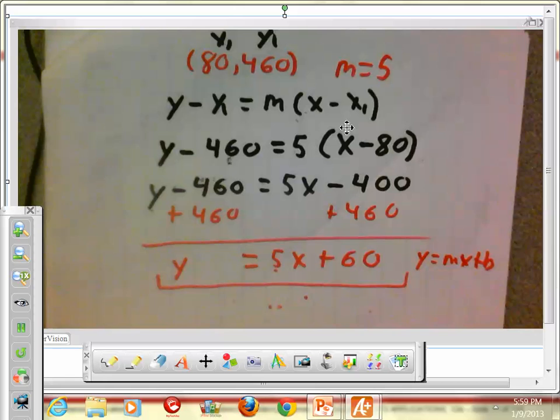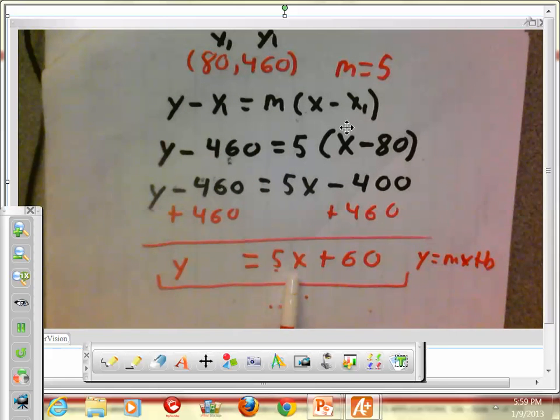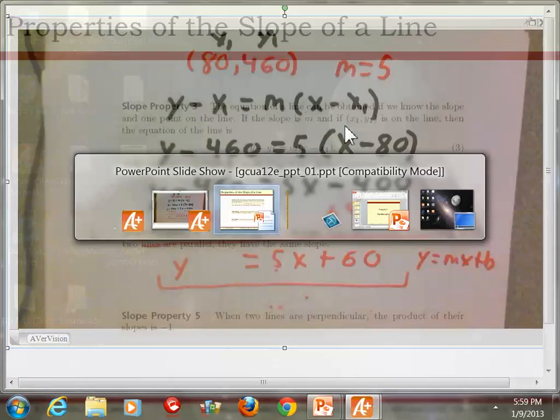This is the point-slope form because you use a point, x1, y1, and a slope. This is the slope-intercept form because you have the slope, which is 5, and the intercept, which is 60. They're equivalent. You just have different information looking at one versus the other.